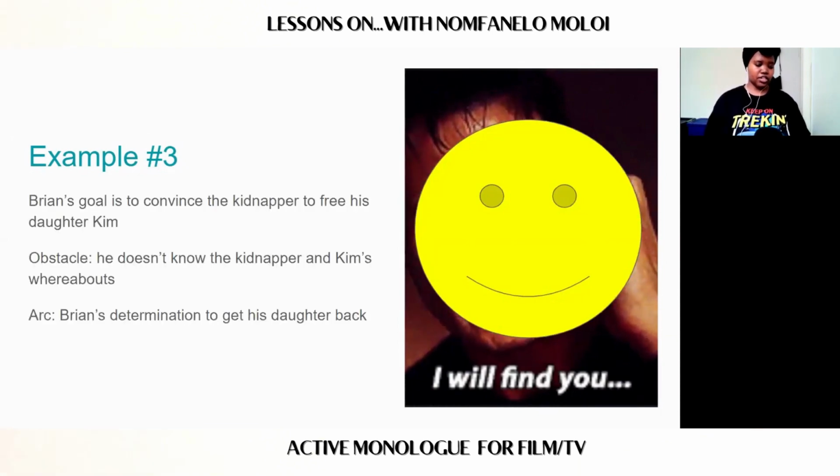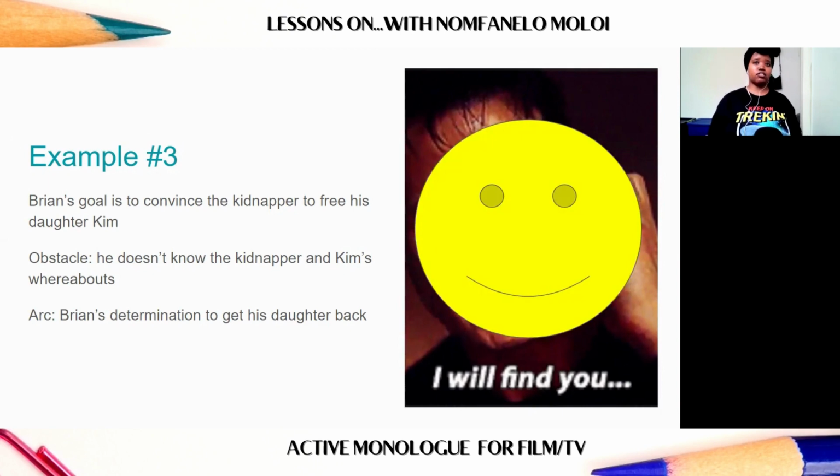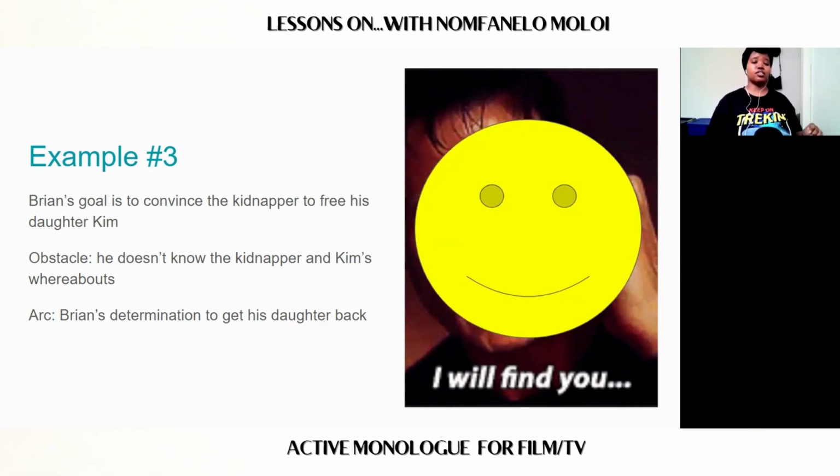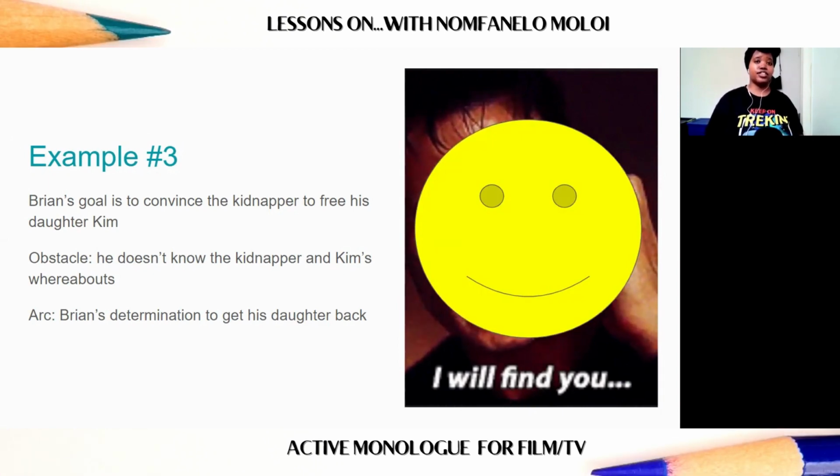Here we have a clear goal, because Brian wants to convince the kidnapper to free his daughter Kim after she's been taken. But the problem is that he does not know who the kidnapper is or where Kim is. So the arc really here with Brian is that he's very determined to get his daughter back.